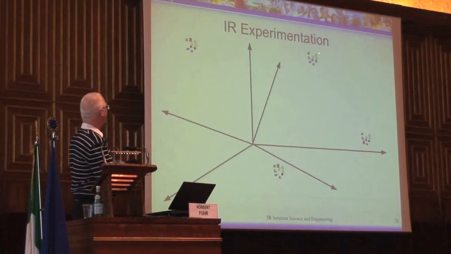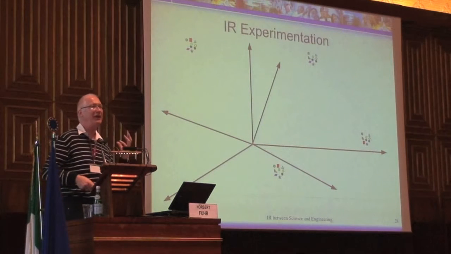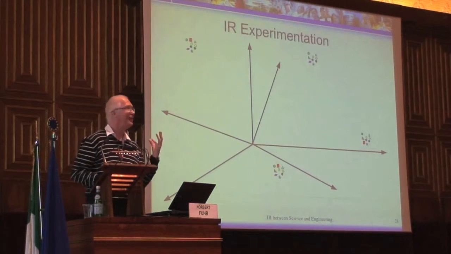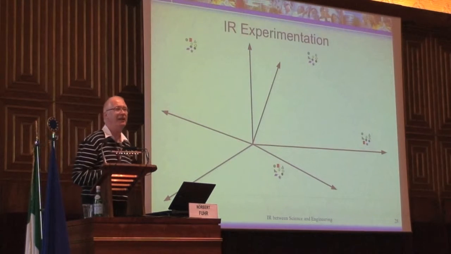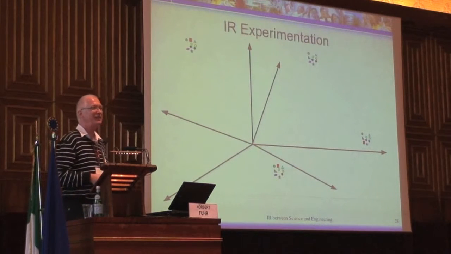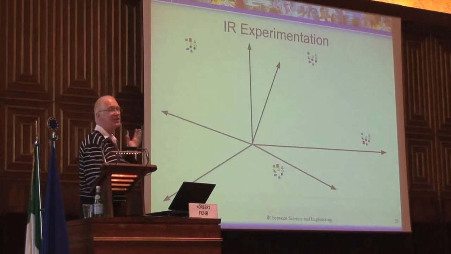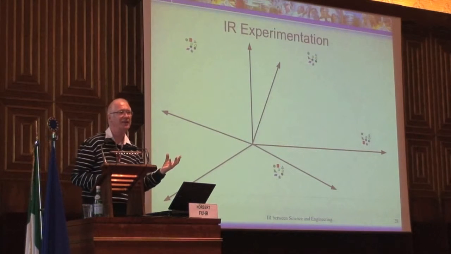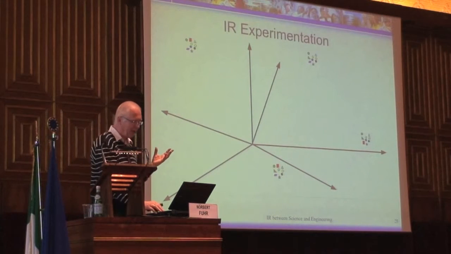So, for example, here we have CLEF, and here we have TREC, and here we have INEX, and here we have NTCIR. But now, what if someone comes and says, well, my collection is over here? We have no idea. From this huge n-dimensional space, we just have observations for a few points, but for the whole space, we know very little.